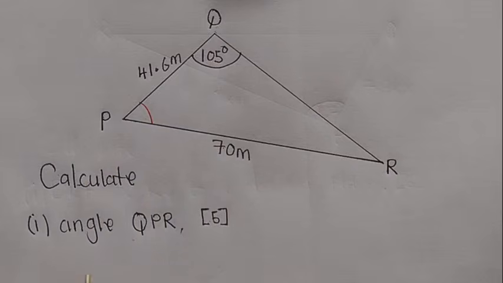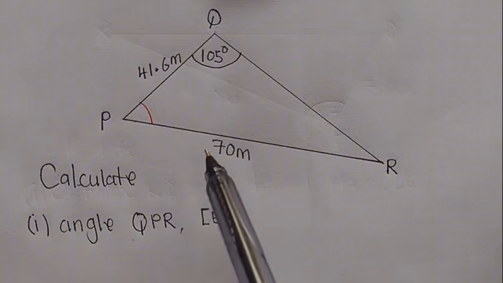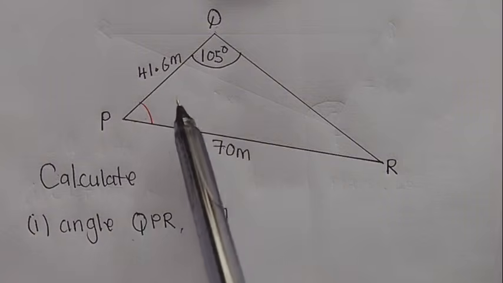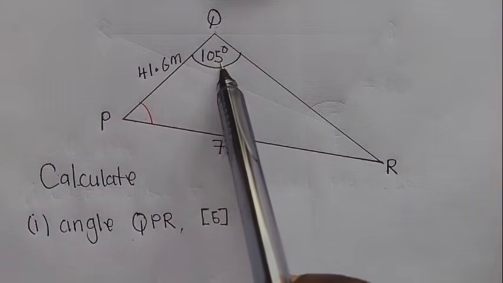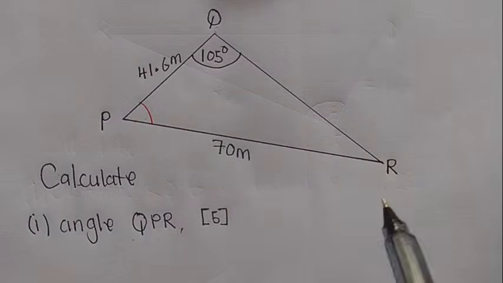Apart from that, we can also use the sine rule when two angles and a side are given. In this case, we have two sides and this angle right here, then we also have an included angle.